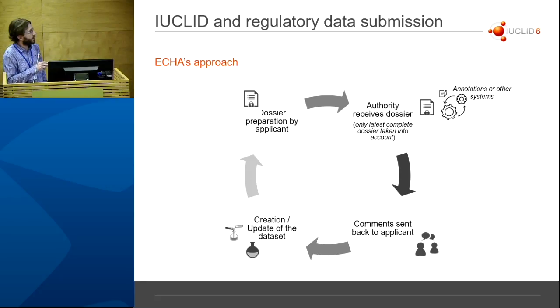And after evaluation, we might send you some comments or a decision or communication to ask you for more information or for clarification. And in that case, you would come back to the dataset that you have in your Euclid database and update the information there. Once it's updated, you would create another dossier and submit it. And the cycle continues until all the information is available.